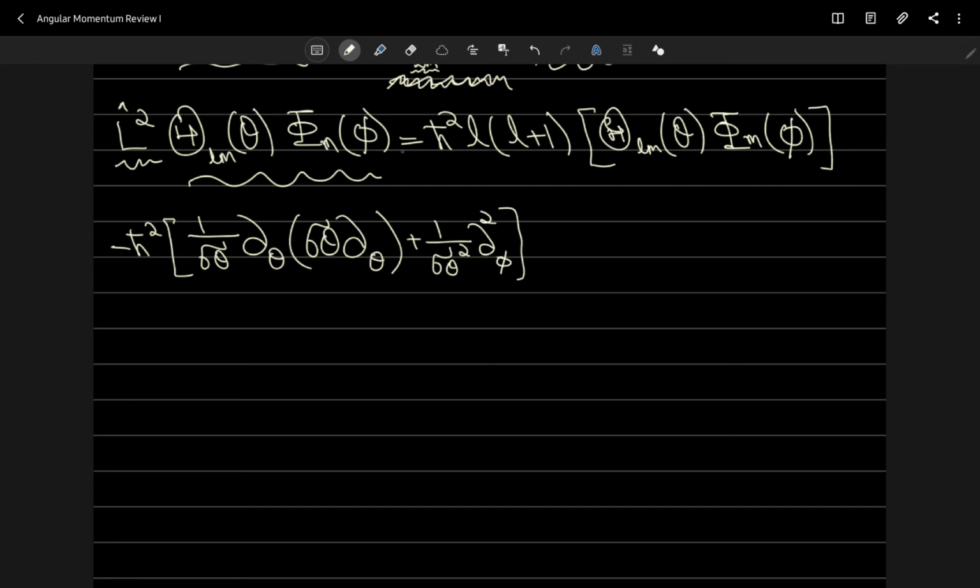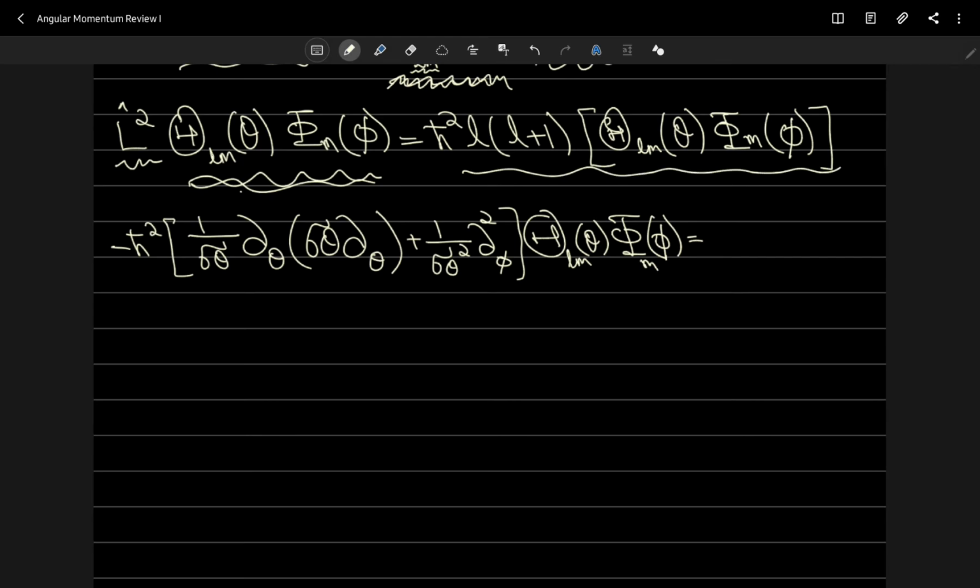And we act this on Theta_Lm(theta) Phi_m(phi), which is equal to h bar squared L into L plus 1 times the same function. I don't think I'll have space, but this part comes over here.